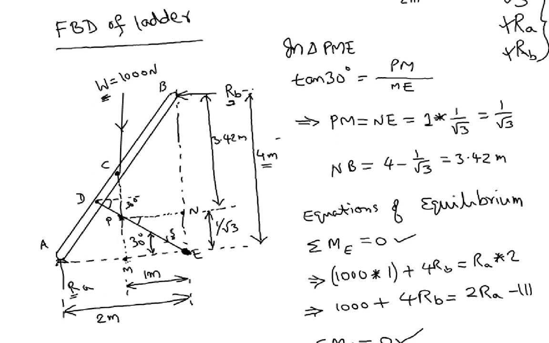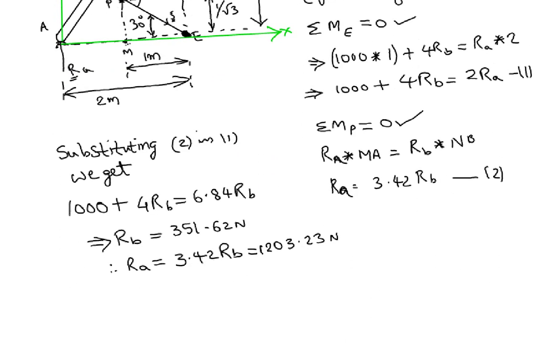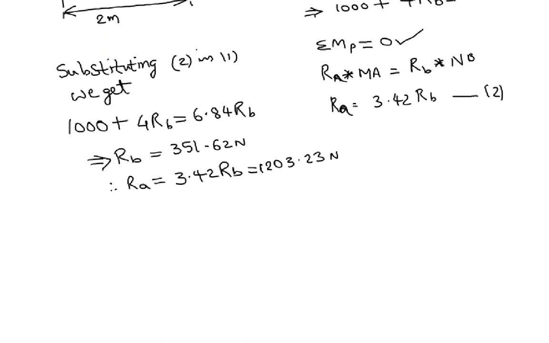Let us say the x-axis goes this way and the y-axis goes this way. Let me mark them. We can sum up all the forces along the x-axis and equate it to 0.